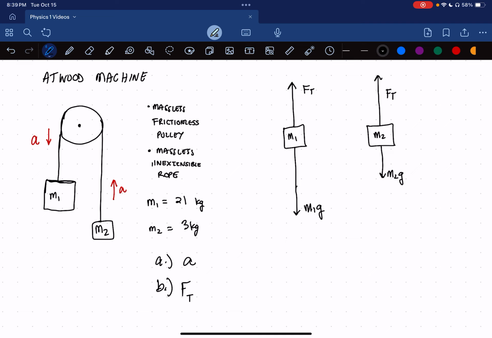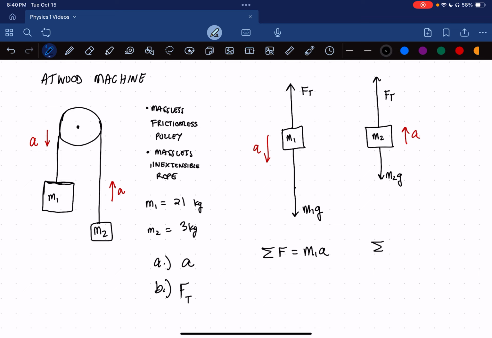What's next? Let's write some equations for these. By the way, I like to draw a little arrow showing the acceleration. Helps us write the equation. Sum of all forces equals m1a. And over here, the sum of all forces equals m2a.